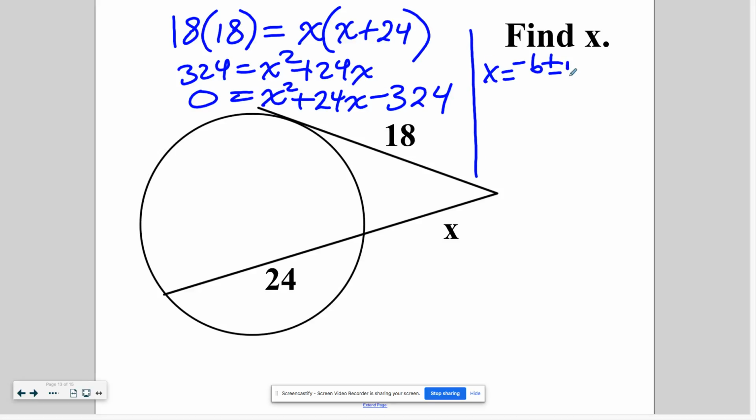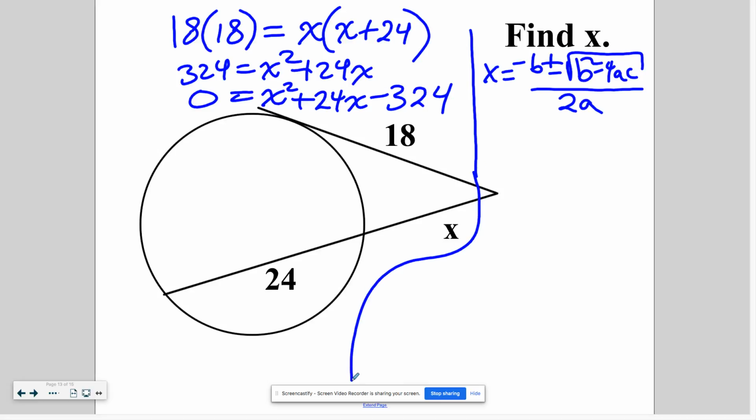x equals negative b plus or minus the square root of b squared minus 4ac, all over 2a. I'm going to try to put that down here. So a is 1, b is 24, and c is negative 324. That's not easy. Negative 24 plus or minus the square root of 24 squared minus 4 times 1 times negative 324, all over 2 times 1.